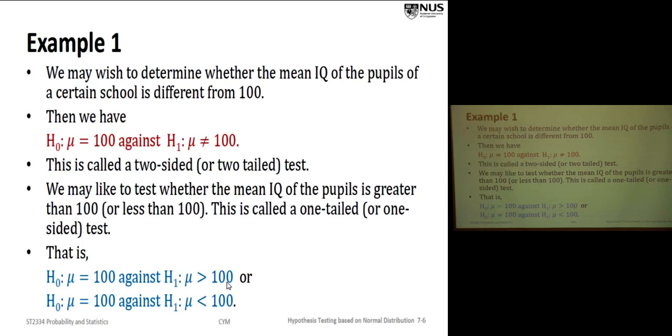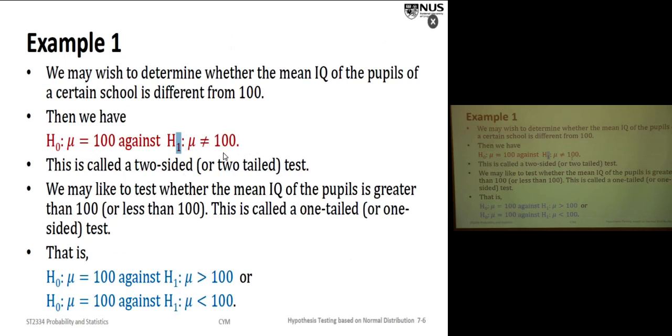So let's have a look. An example is a good time. In this example, we want to test whether the mean IQ of some pupils at a certain school is different from 100. So the idea is I want to test whether mu, the mean in this context, is equal to 100 versus the alternative. H1 is the notation for the alternative.